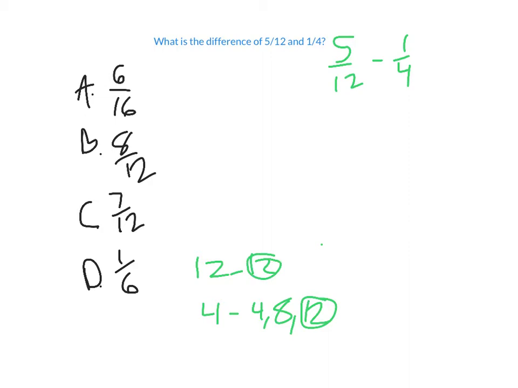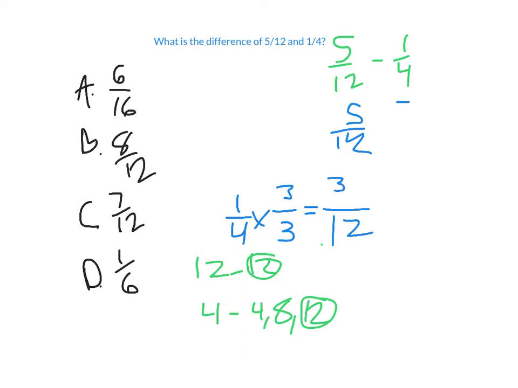So I don't have to do anything to the 5/12 because it's already 5/12. Then I just convert this 1/4 times something equals something over 12. 4 times 3 will give me 12, and it's 3 over 3, so it's 1 whole. And then 3/12. So now I get 2/12 as my final answer.